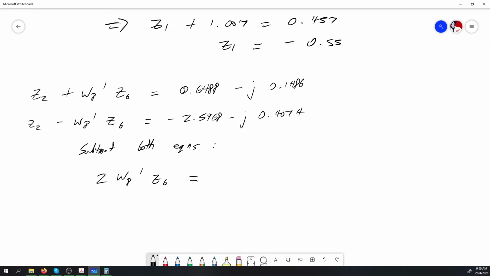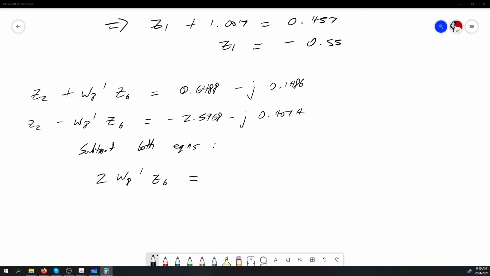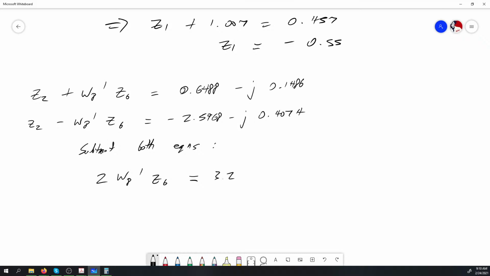For the real part, 0.6488 add 2.5968 equal to 3.2456. And for the imaginary part, we have minus 0.1486 minus minus 0.4074, so that becomes positive.